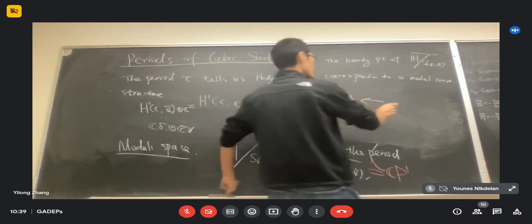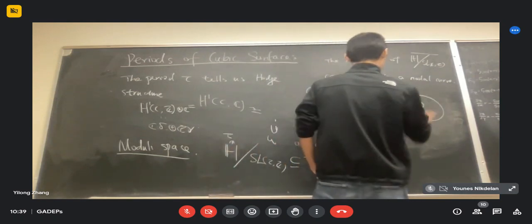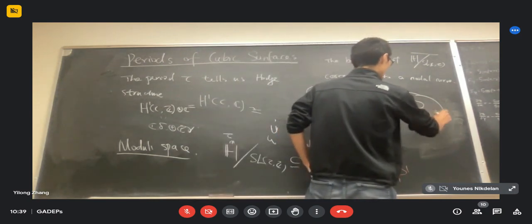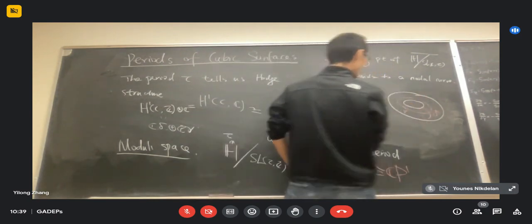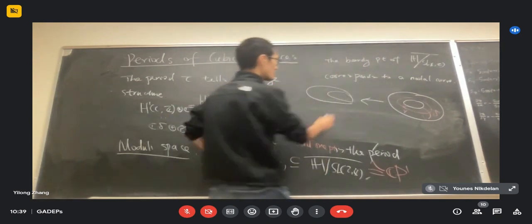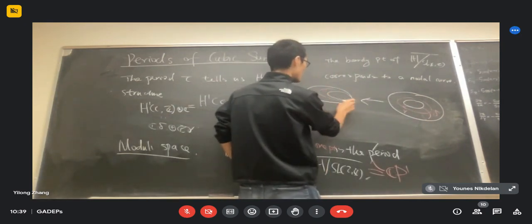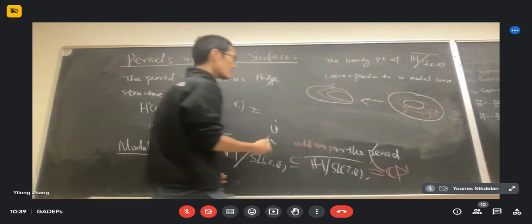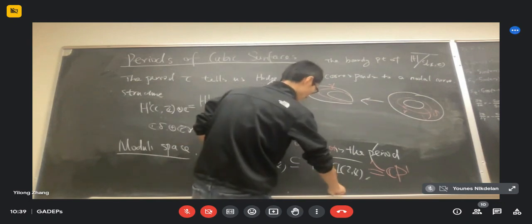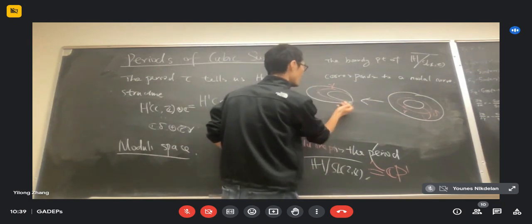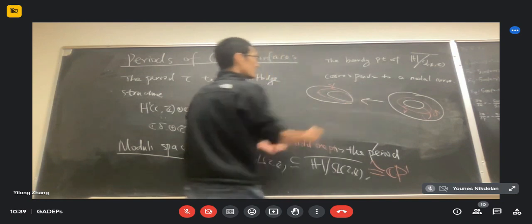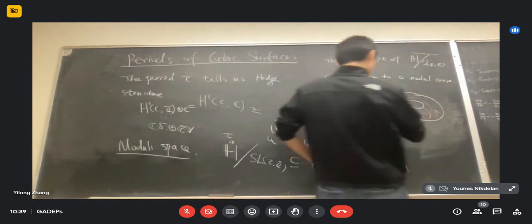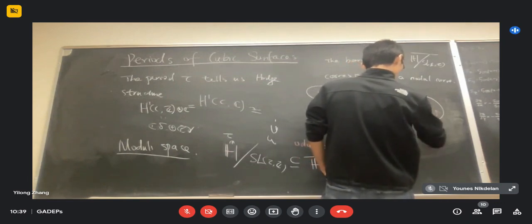So let's say this is a smooth curve with delta and also gamma, and this degenerates so that there is only one gamma. The delta has already vanished. So delta is a loop here, but it's homologous to this node, so it doesn't exist. So we can think about our period. What is going on with the periods?